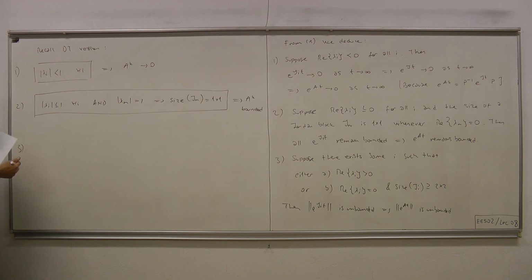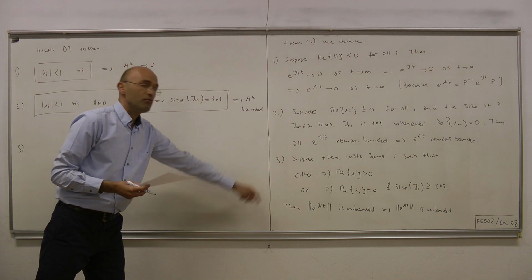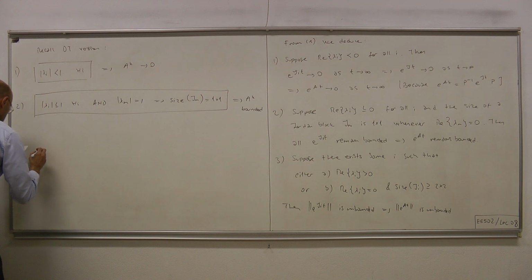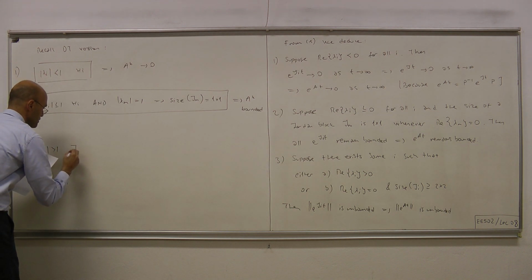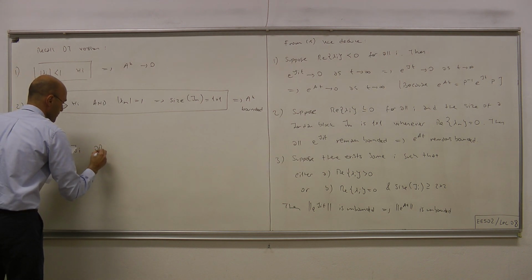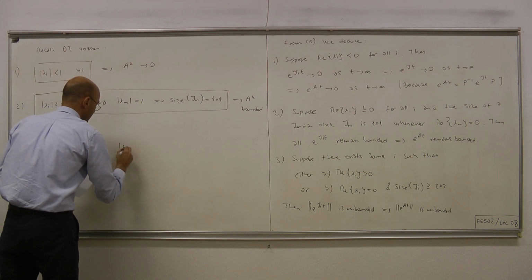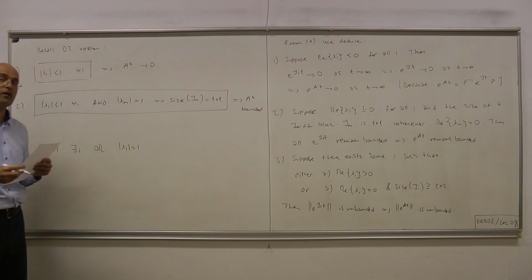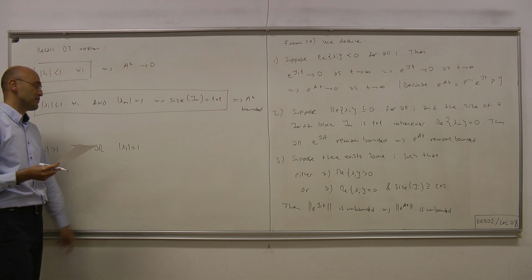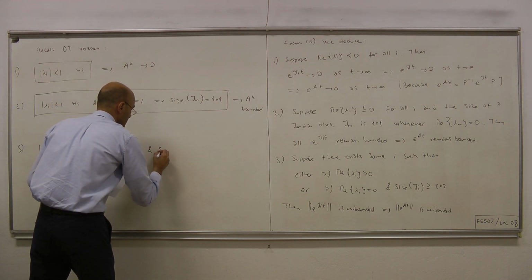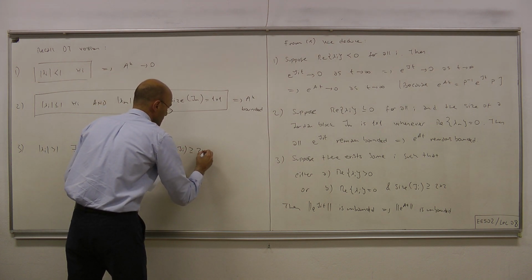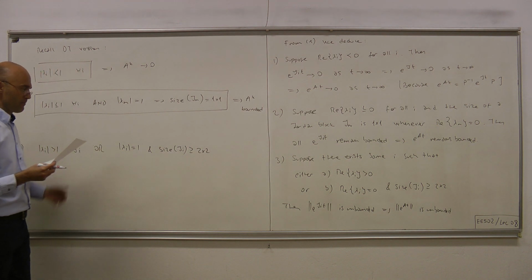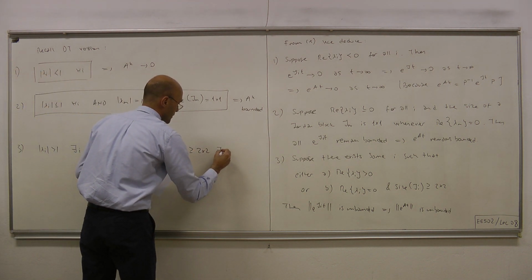And finally, the discrete time version of case 3 is the following. Either we have an eigenvalue that's outside the unit circle for some i, or you have an eigenvalue on the unit circle, that is, it has magnitude 1, and the size of the corresponding Jordan block is 2 by 2 or larger.